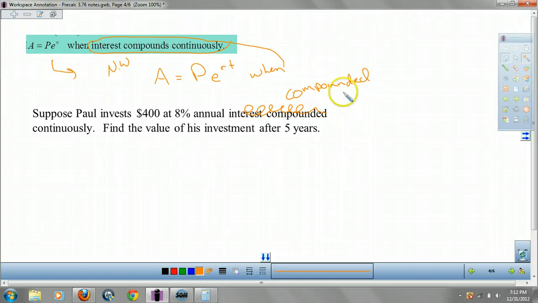It's going to be compounded continuously. So here's how we set it up now. We use our PERT formula. Makes our hair nice and shiny and fantastic.